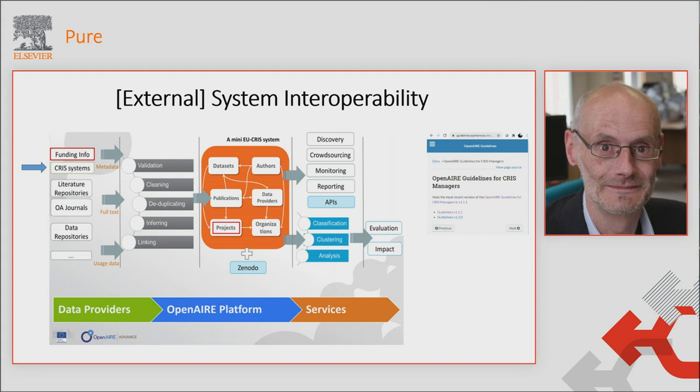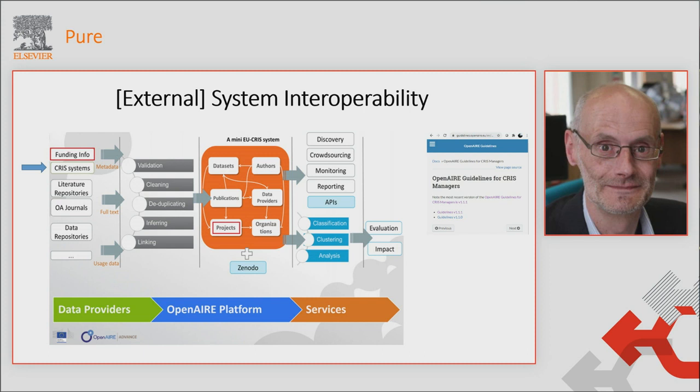And this is what the development I was talking about earlier, whereby a mapping between the Pure API and the SERIF XML guidelines will allow the public metadata held in the CRIS to be harvested and aggregated. And this is done by the OpenAIRE platform at an all-European level.